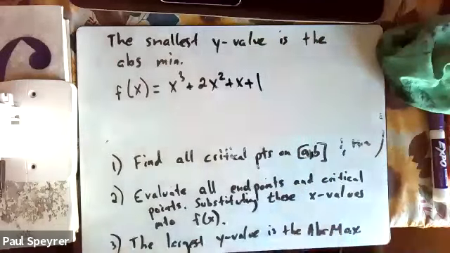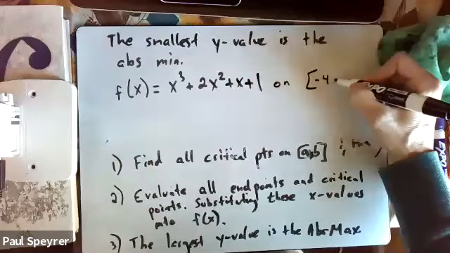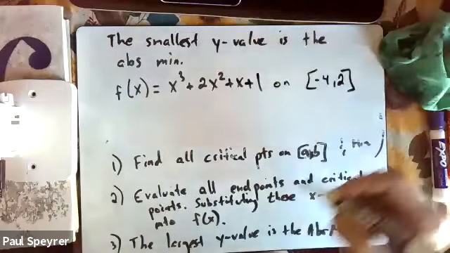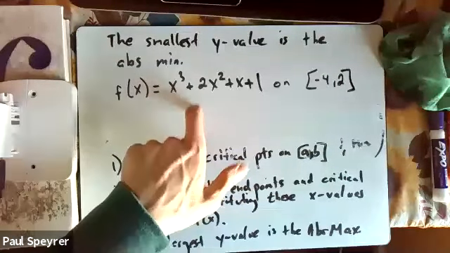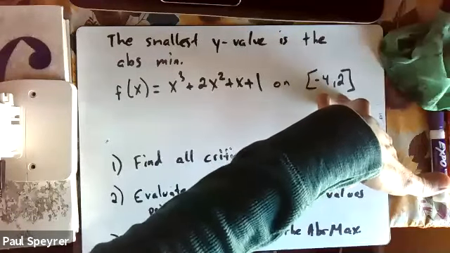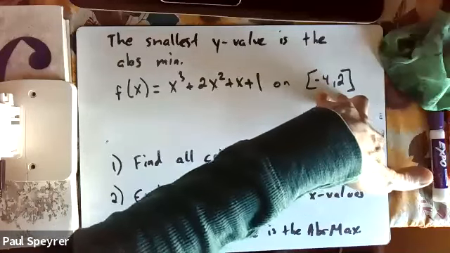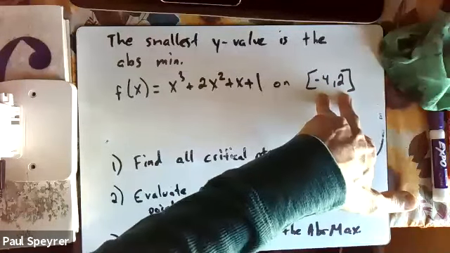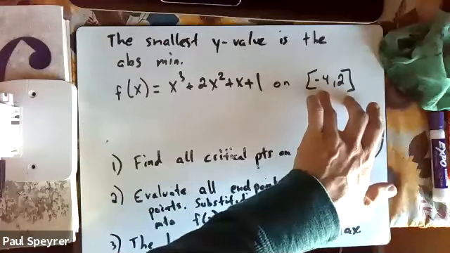So here's a typical problem right here. We want to find the absolute max and minimum values of this function within this domain interval, okay? So anytime they ask you to find the absolute max or min of anything, they're going to give you some kind of domain restriction.